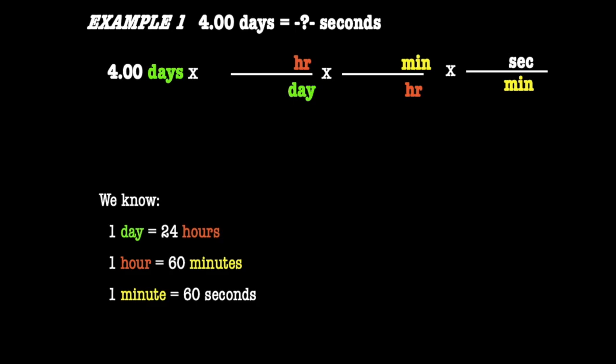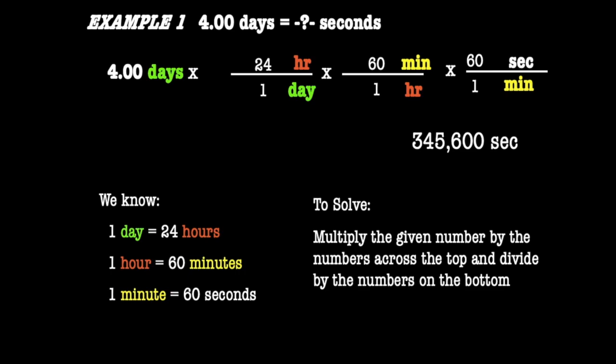And now I get to put in all my numbers that are associated with each one of these conversion factors. Once you have all the numbers in, you multiply everything on the top, multiply everything on the bottom, and then divide the top by the bottom. Remember, we're just making one gigantic fraction here.